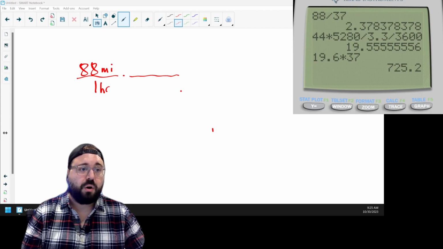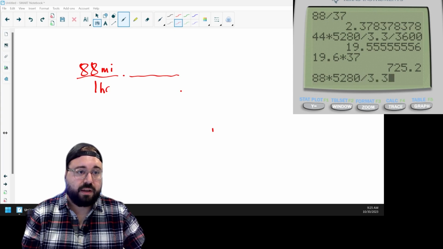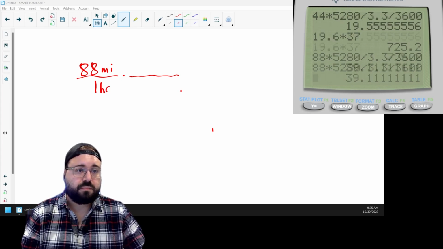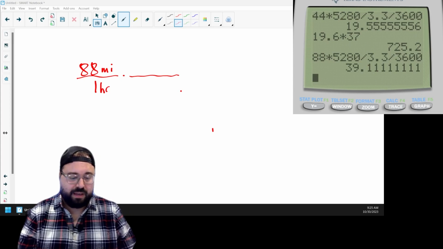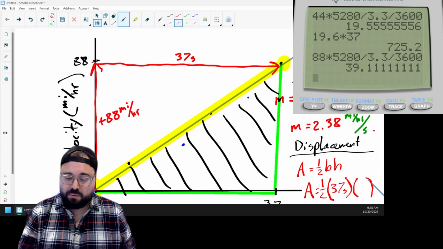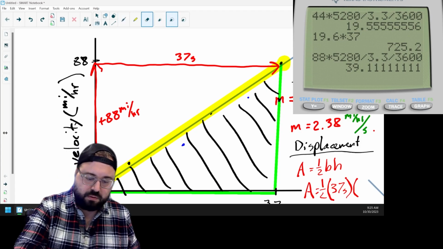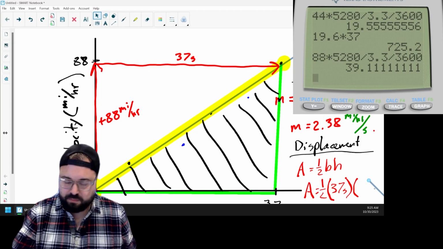You guys should do all of the work out, but we're going to have 88 times 5280 divided by 3.3 divided by 3600. You could also do this just by doubling the number that we had for the average speed.